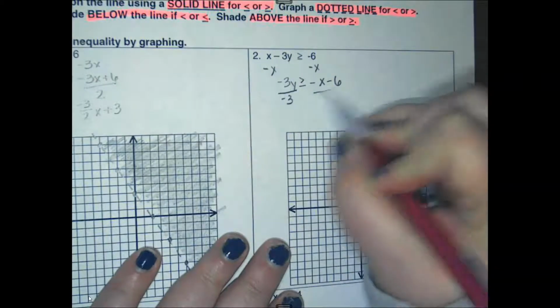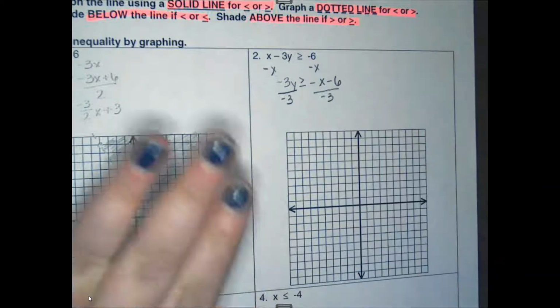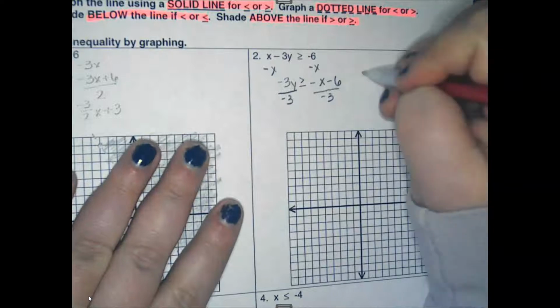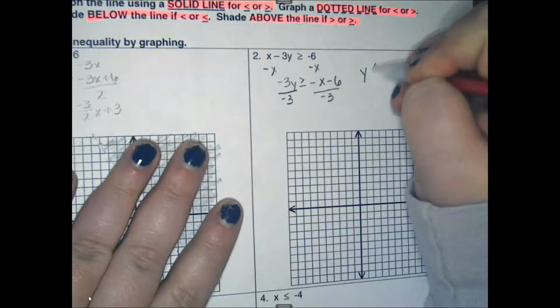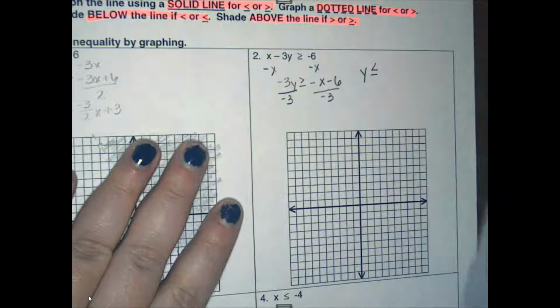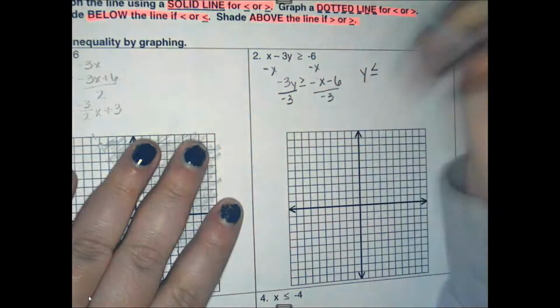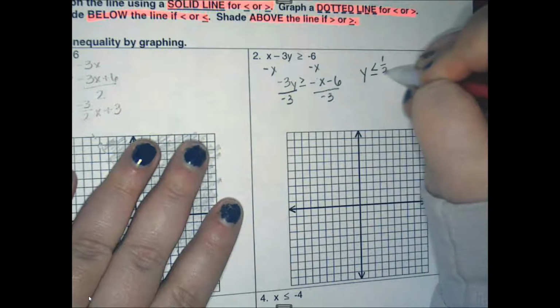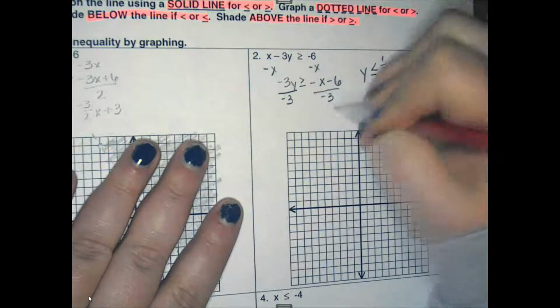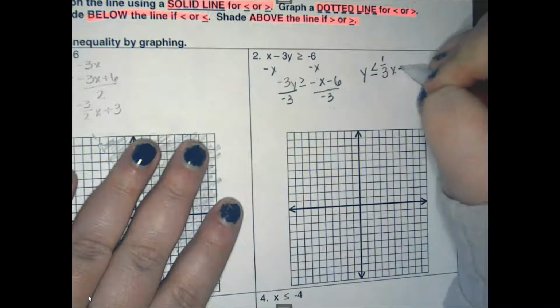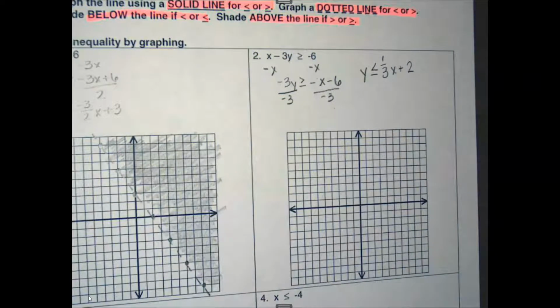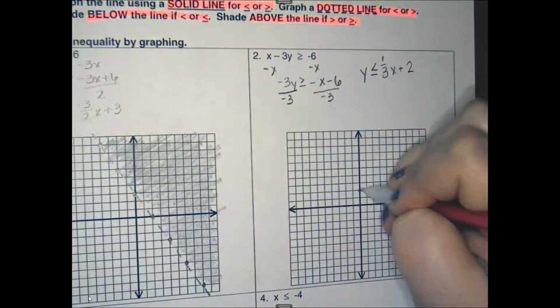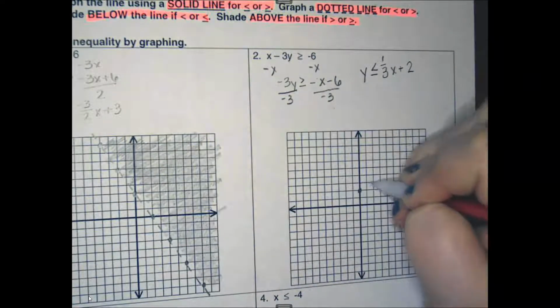Now, if we remember from inequalities, when I divide by a negative, I should have an alarm going off because I'm going to flip my sign. Negative 1 divided by negative 3 is just going to be 1/3 x. And negative 6 divided by negative 3 is going to be a positive 2. So I'm going to graph up 1 over 3. 1, 2, 3.